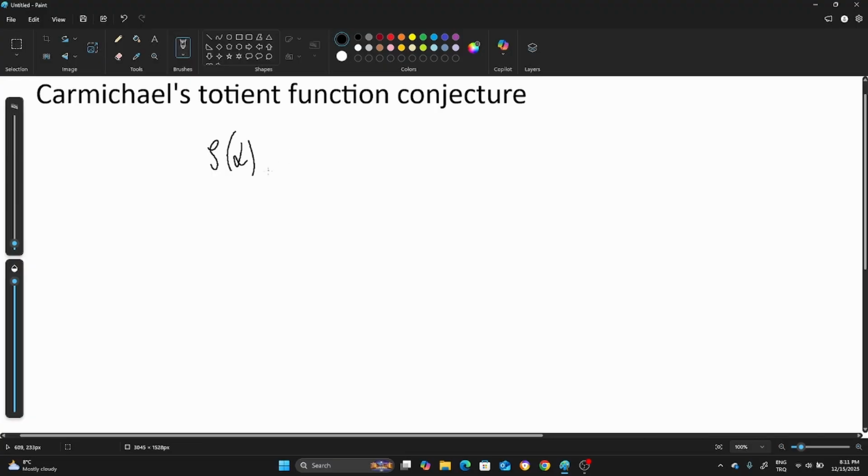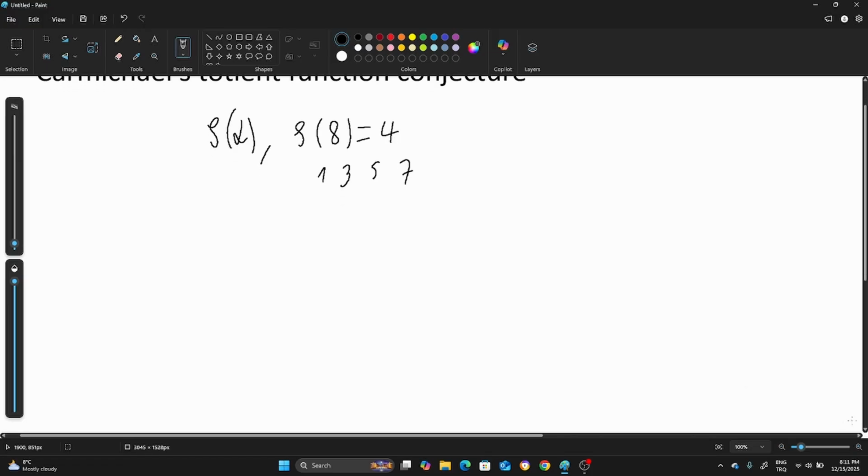So let's say totient of 8 is equal to 4. Why? Well, because 1, 3, 5, 7 are co-prime to 8. 2, 4, 8, they all have a GCD of 2. So that's basically what the totient function is.